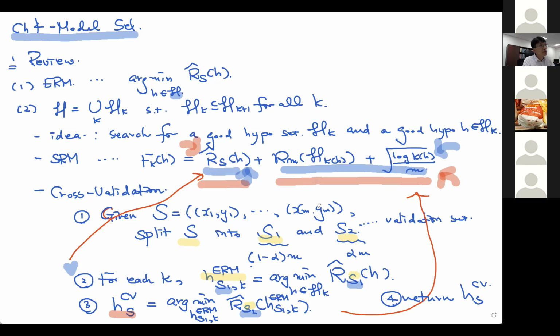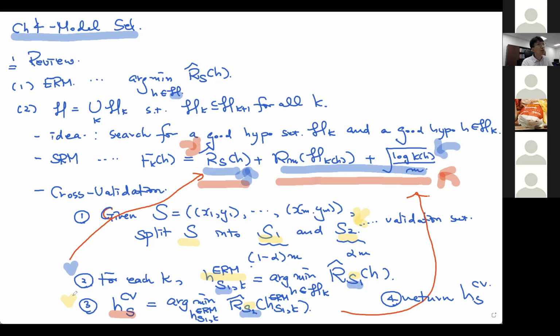Now, if we split in such a way that S2 is large, then the information we can get in step 3 is going to be very accurate. The evaluation that we're going to do using S2 is going to be very accurate. So we will pick the right winner in some sense.